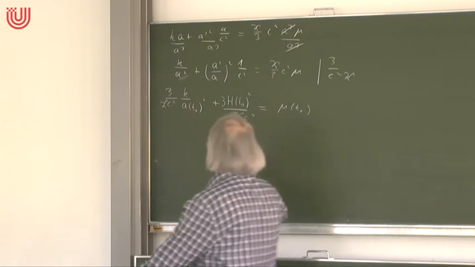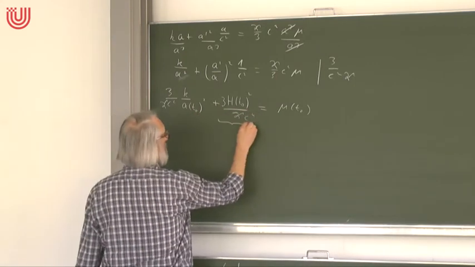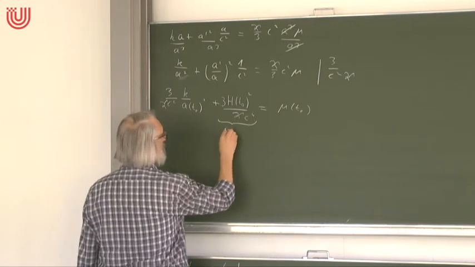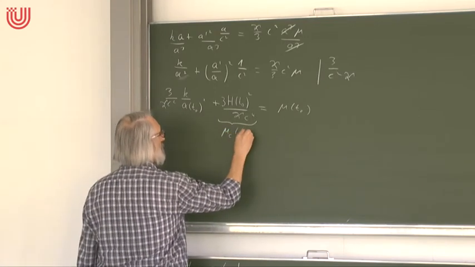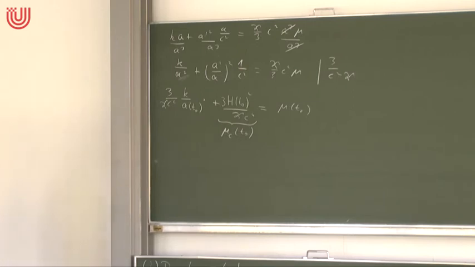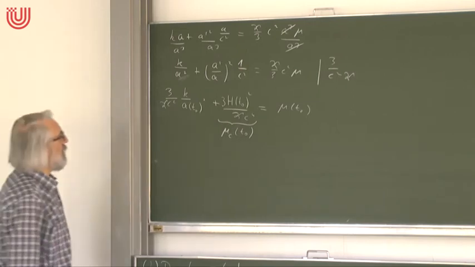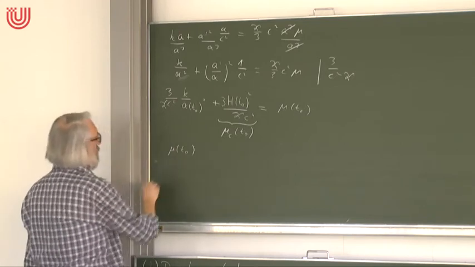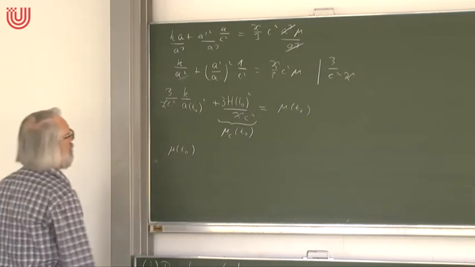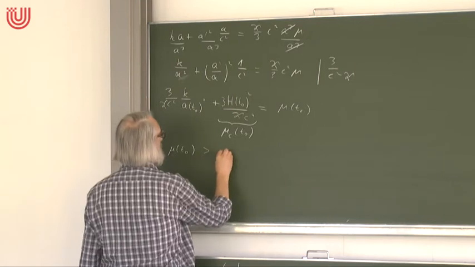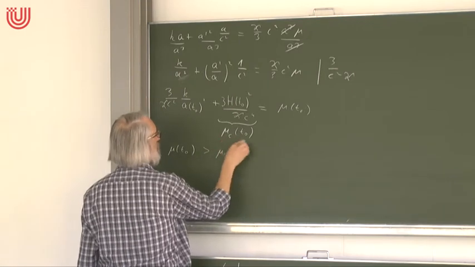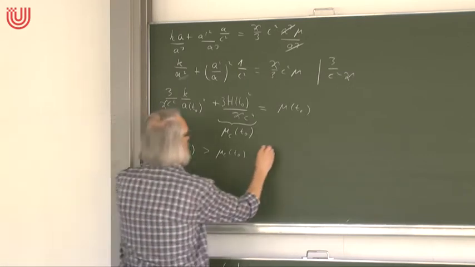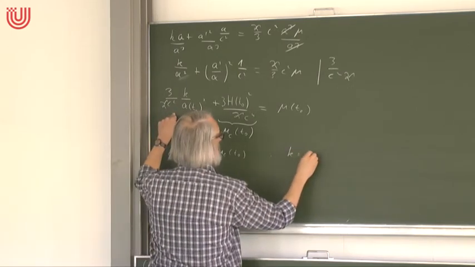So let's call this quantity, it must also have the dimension of a mass density, right? So let's call this mu critical at the time t0. Yeah, it also depends on t0, of course. And then you see, if the true density now is bigger than the critical density, then we have k equal plus 1, right?